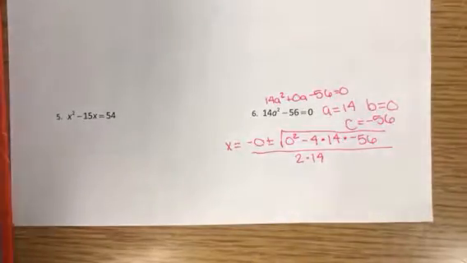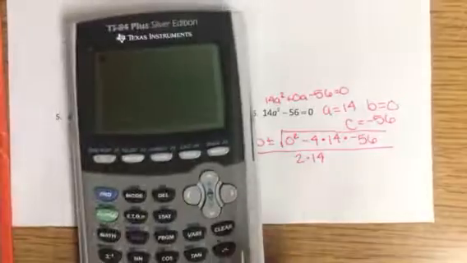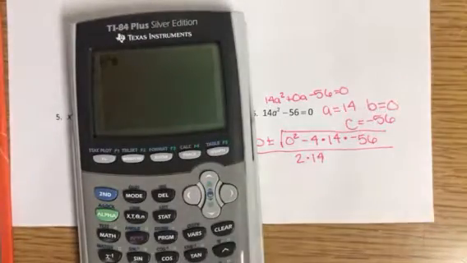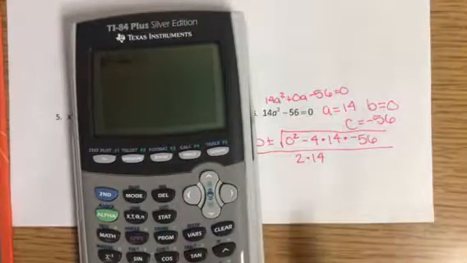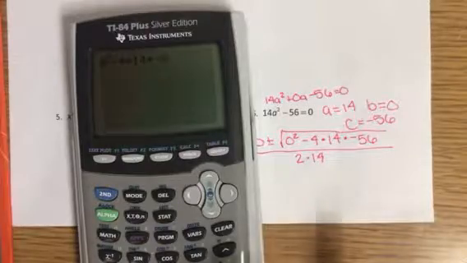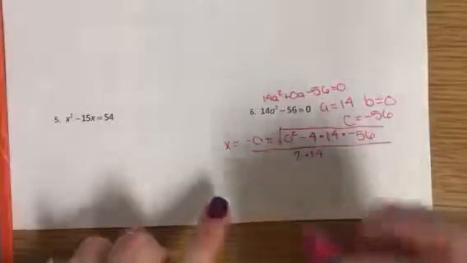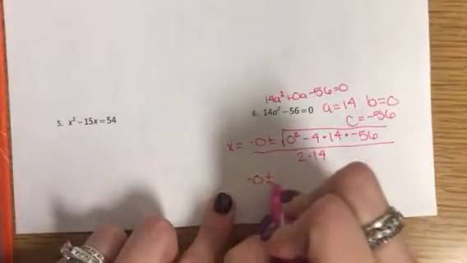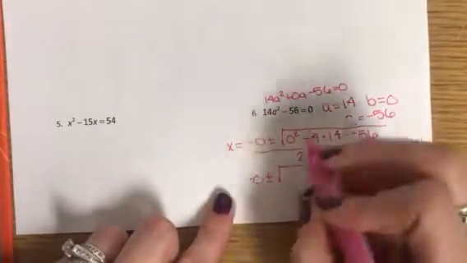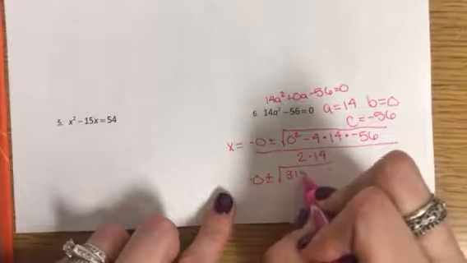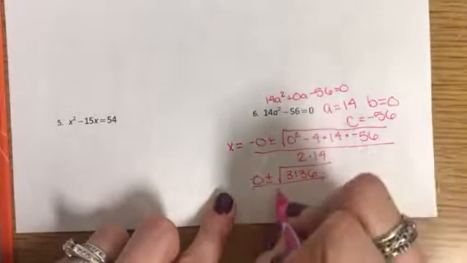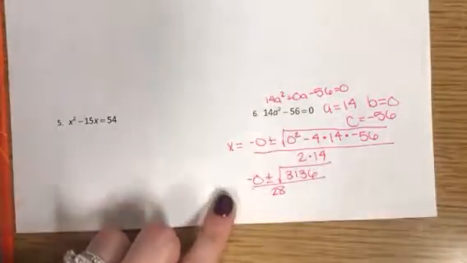Okay, we'll put in this stuff underneath the square root. So I'm doing 0 squared minus 4 times 14 times negative 56. Okay, so we have negative 0 plus or minus the square root of 3136 all over 28.